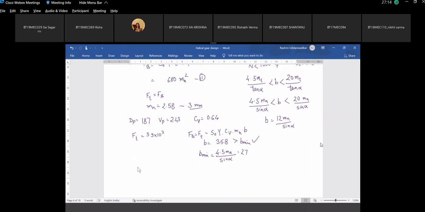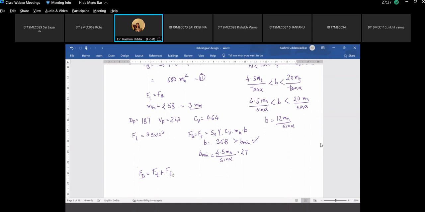So let's start with this step. Find out what is Fd. Refer the design data book for the formula for Fi. Here the incremental load is lesser than that of a spur gear because the operation is much smoother, and we multiply it with cos square of alpha.